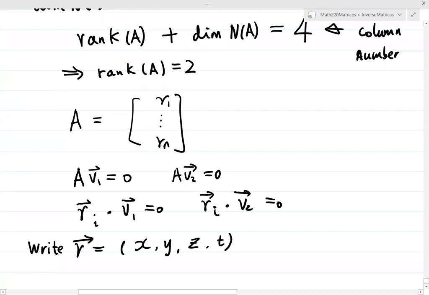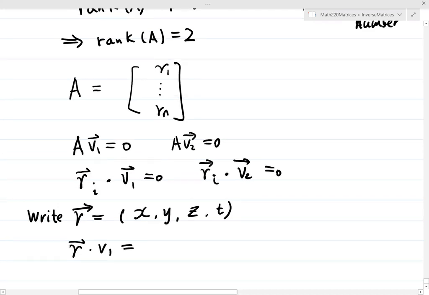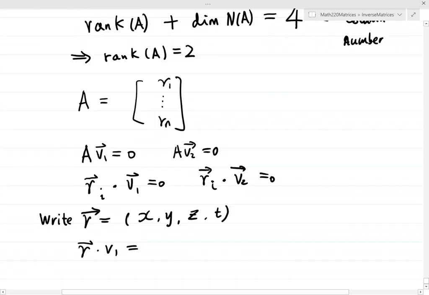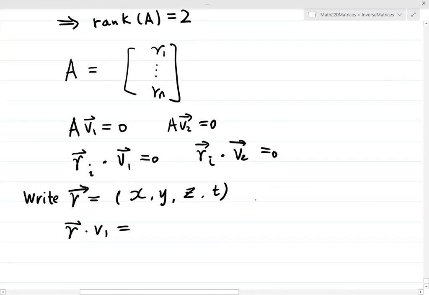Then we can write R dot V1. Let me copy V1 here: V1 is (2, 2, 1, 0).